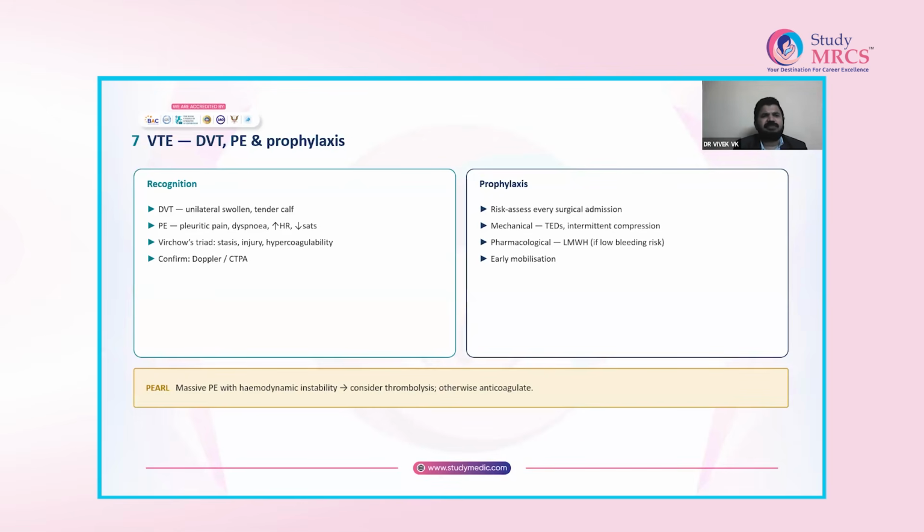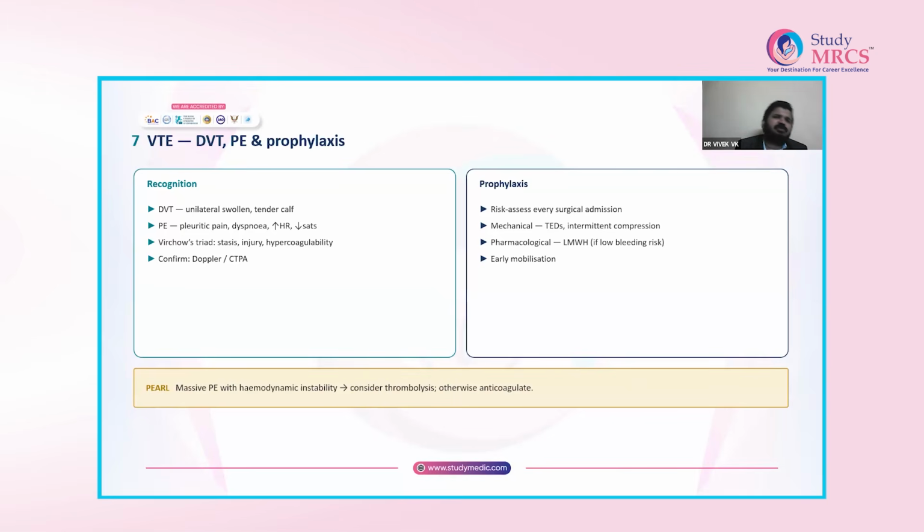So what will be the clinical features? The patient is experiencing some sort of pleuritic pain or dyspnea. On evaluation, the patient's heart rate will be increased, that is tachycardia, and the oxygen saturation will be low. So tachycardia and decreased oxygen saturation with dyspnea.